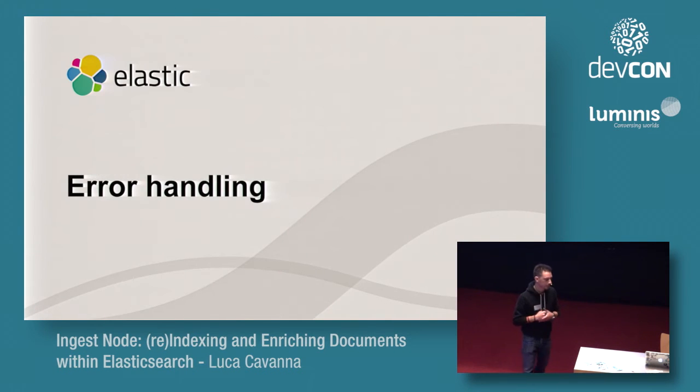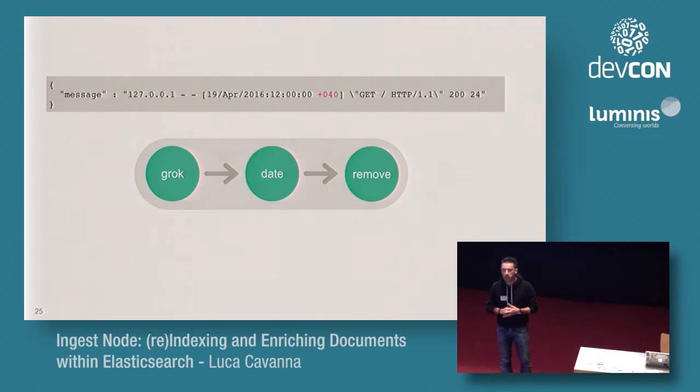All that said, I briefly mentioned that we can do things when it comes to failures. Let's have a look at what happens when something goes wrong, because things will always go wrong, right? We have some input that comes from a log line or from a file, and something's going to be broken there at some point.